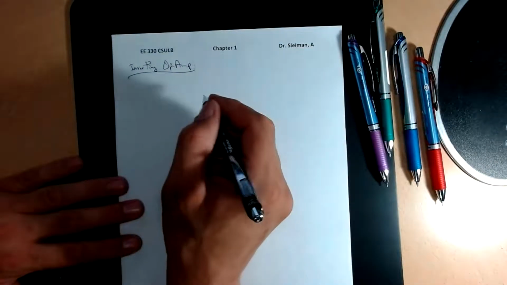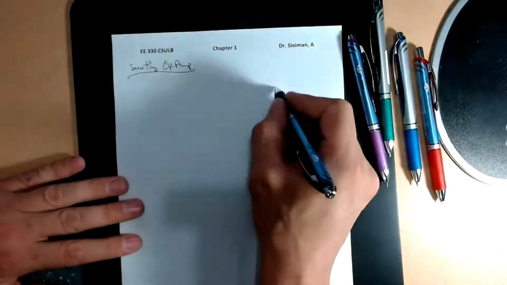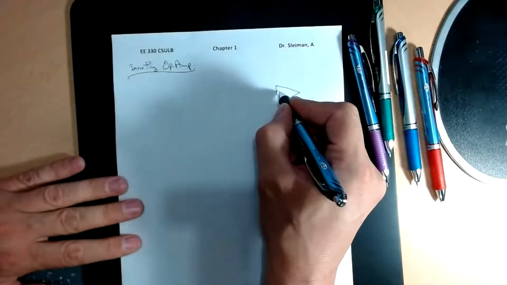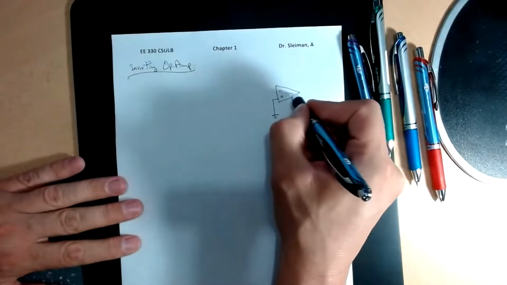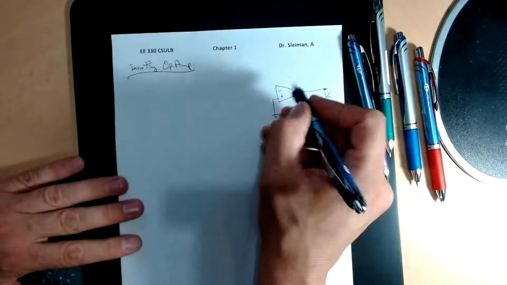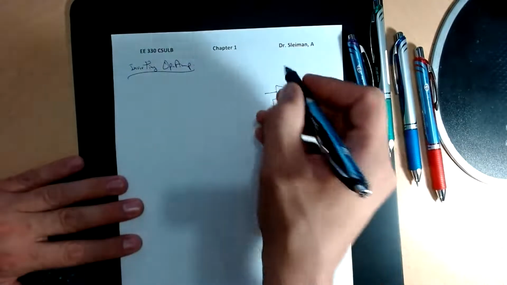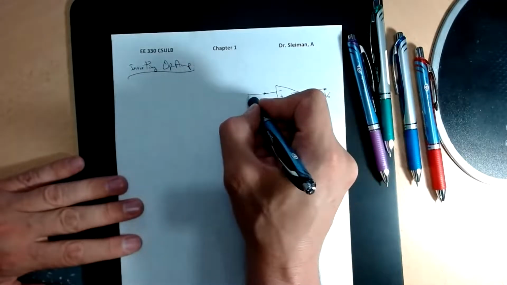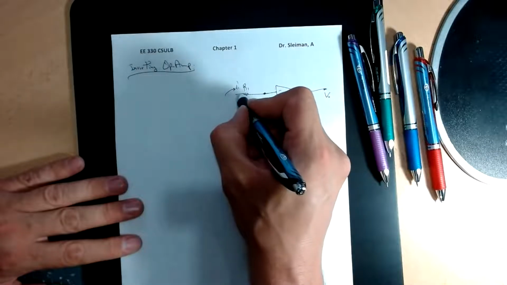Most likely, if we are inverting, we need to put the positive into ground, V0. We have R1, this is I1.